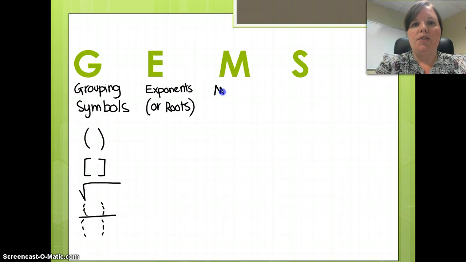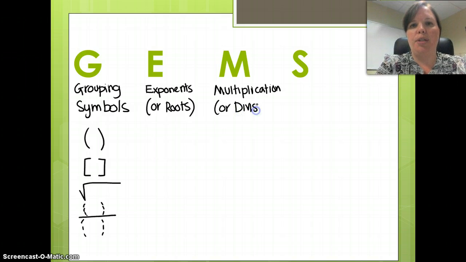The M stands for, just like in PEMDAS, multiplication, and there's just no D in here, but we throw multiplication and division together because they're the same operation, just opposites of each other. And then the S stands for subtraction or addition.